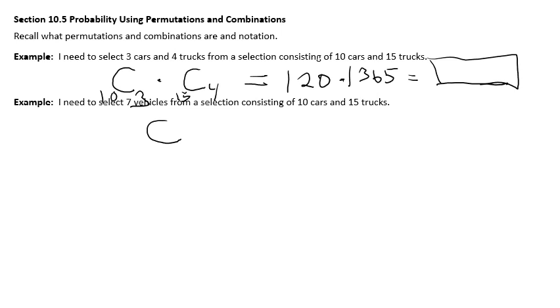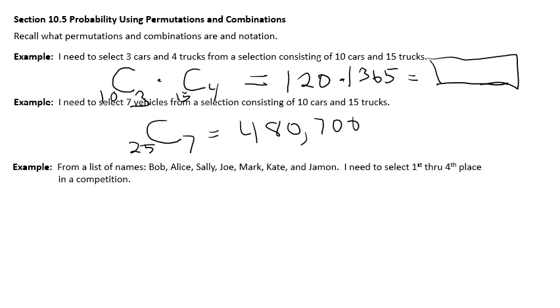So when I'm selecting, I'm picking directly from 25 vehicles, 7 vehicles, and 25 pick 7 when it's a combination is 480,700. So once again, you do the math. You can confirm this. Moving on to the next one.